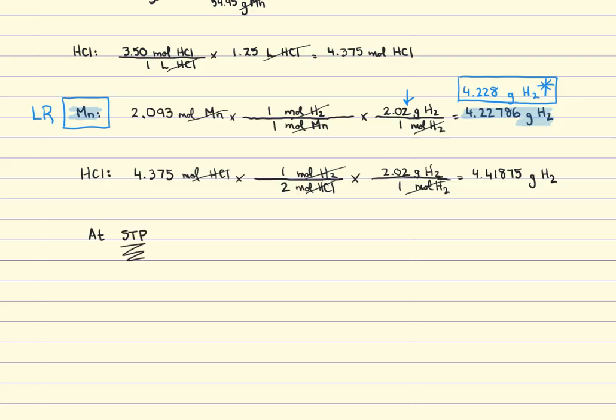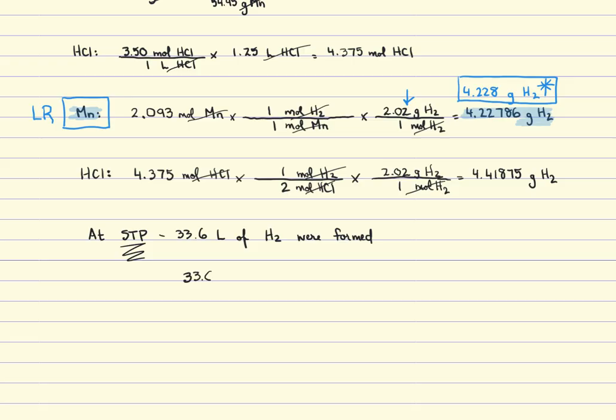This is an important distinction because we can use the molar volume of a gas. This is a special case, and we can calculate the mass of hydrogen that was formed.